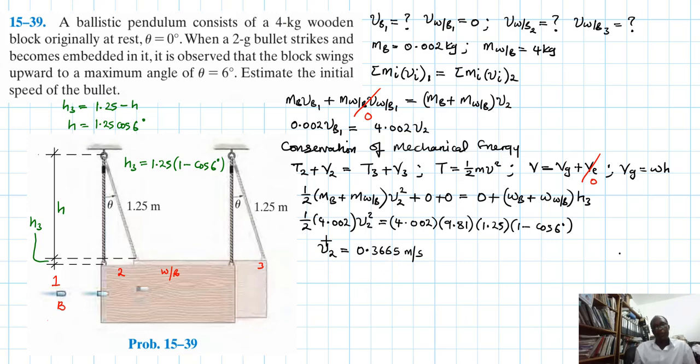Right, so we do have this equation here, and down this equation, remember we had this equation that we just found. This equation is 0.002 VB1 equal to 4.002 V2.